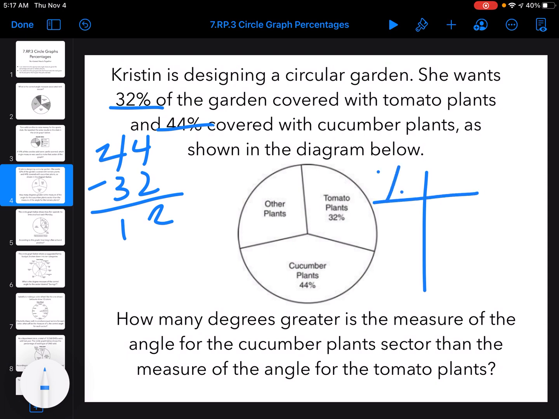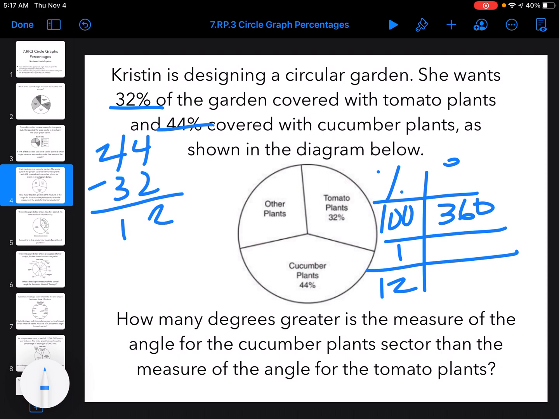I know that I have 100%, and that's 360 degrees. I want to find what 12% would be, because that's going to tell me how much greater the degree is. So I'm going to divide by 100, and I'm going to multiply by 12.